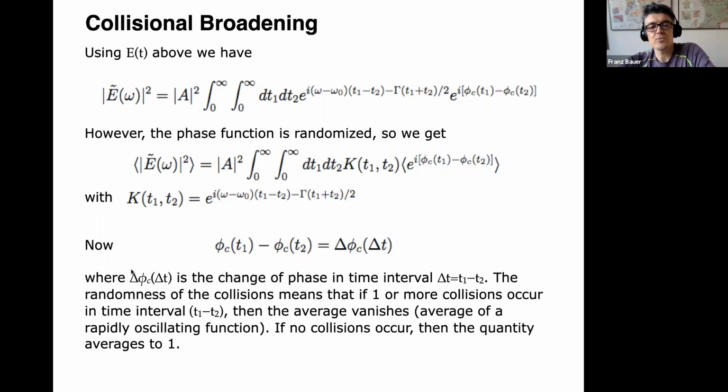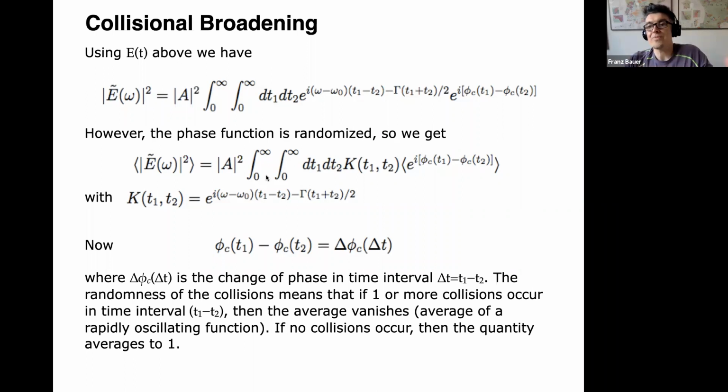It tells you the probability of having one or more collisions in this interval. The average vanishes because it's a rapidly oscillating function; a collision resets everything, but in the average it vanishes. If no collisions occur, the quantity is 1. Because the average vanishes, we can take it out, and we end up with effectively the same integral as before.